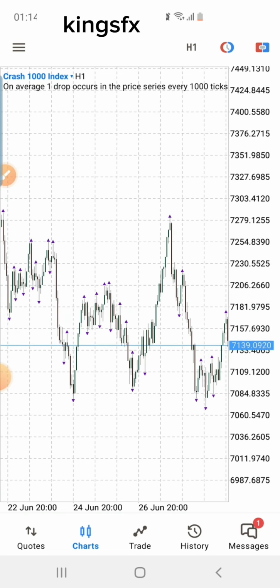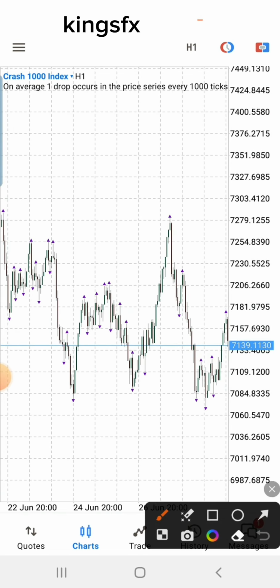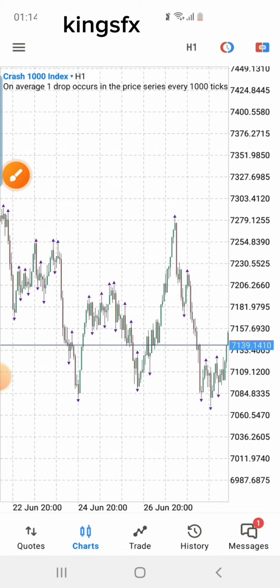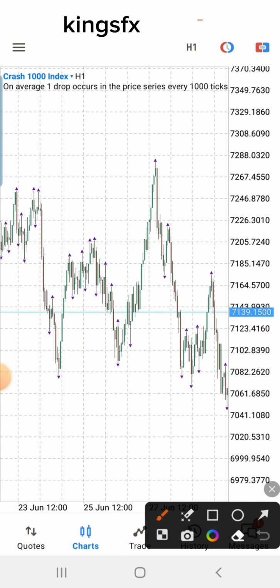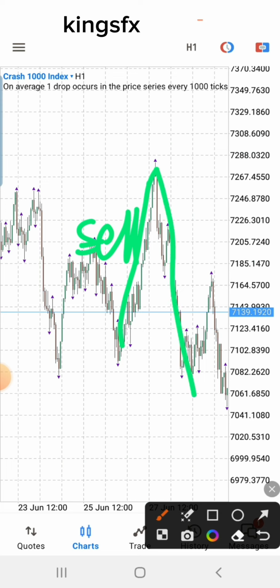Let's say you decided to sell, you have seen the price is pushing to the downside, and you started to sell maybe at this swing high. Have you seen what the price did? The price pushed up, put you out of the market, then pushed down. So you see the problem.